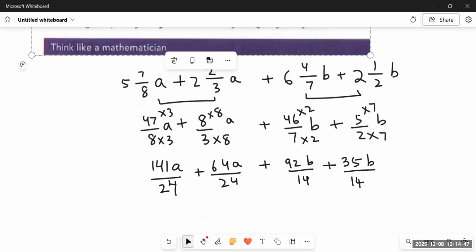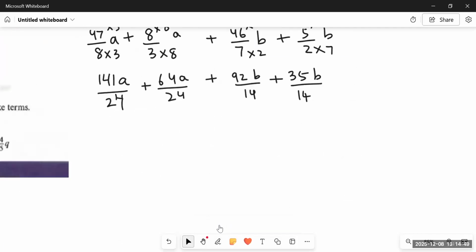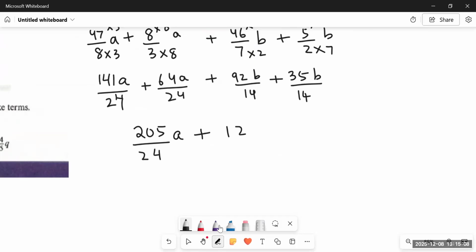So at the end, we will combine these two and it gives us a total of 141 plus 64 is equal to 205 over 24a plus 92 plus 35 is equal to 127 over 14b.